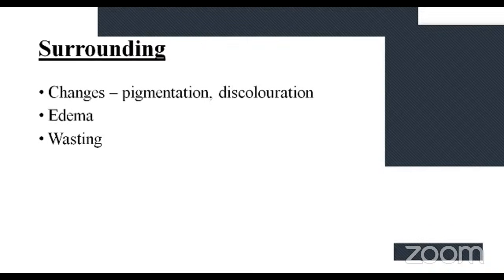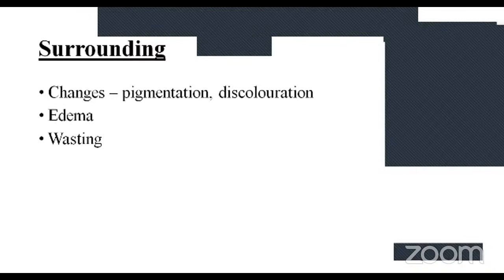Depending on the etiology, it can be congenital, inflammatory, or neoplastic, benign or malignant. Then it can be traumatic, like hematoma and bony, like displaced fracture. All those things can cause a swelling, and others like warts, sebaceous cyst, epitheliomas.